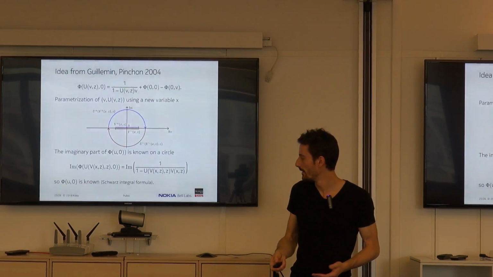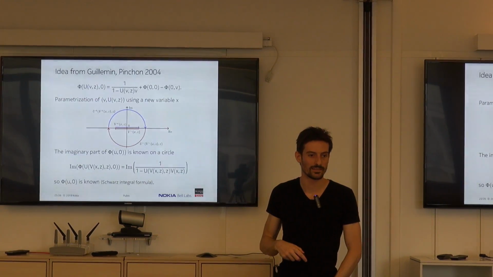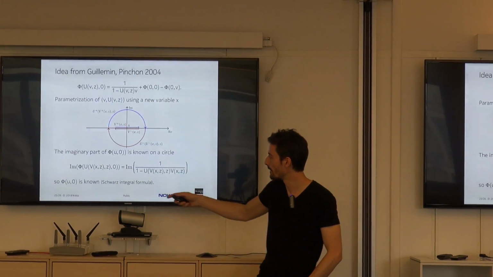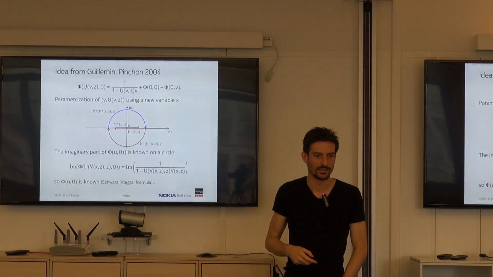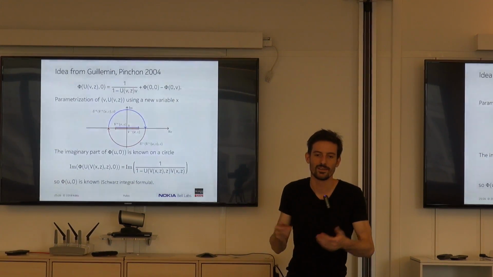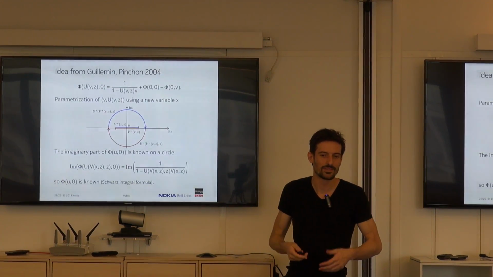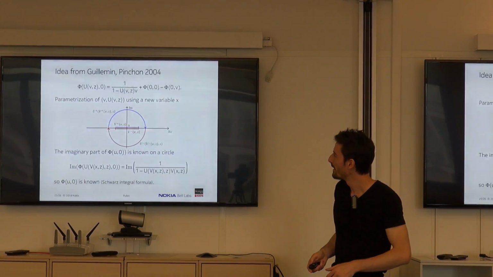There is a formula called the Schwarz integral formula that gives you back the generating function. So once we have this guy, we find again all the other guys. And the formula is a bit big. It's a sum of two integrals, so I don't show it here. But we have it, and that's what is important.